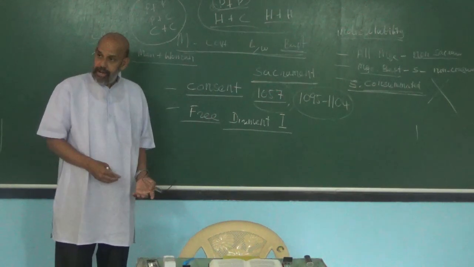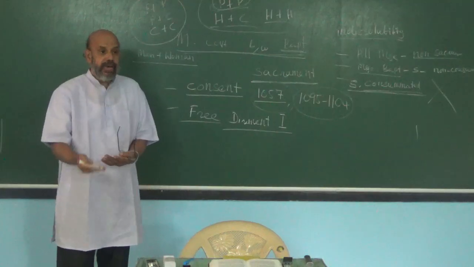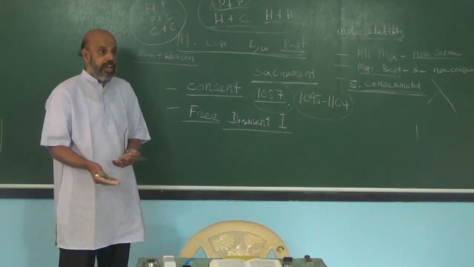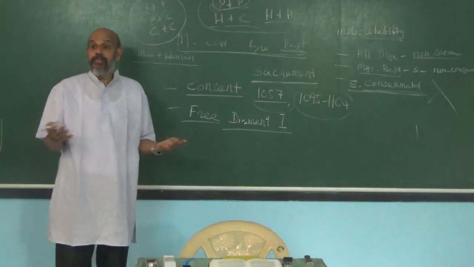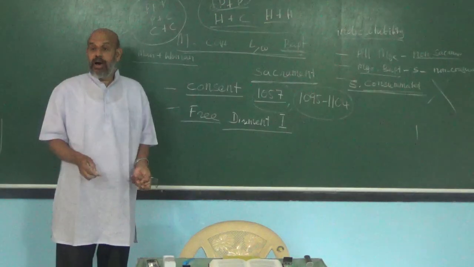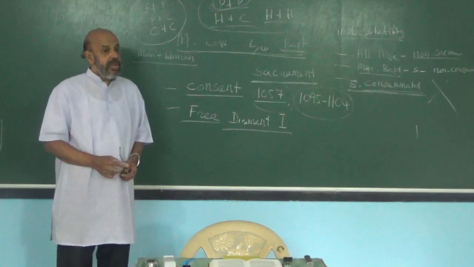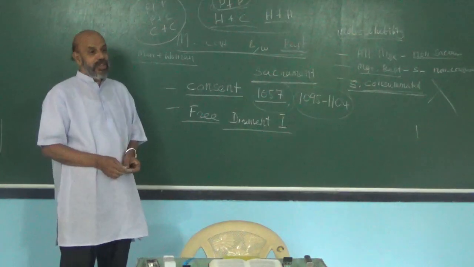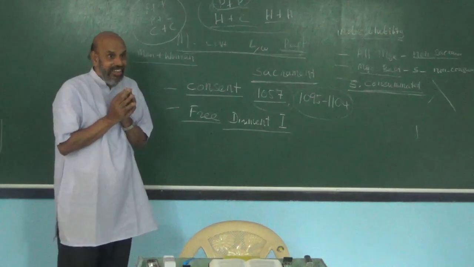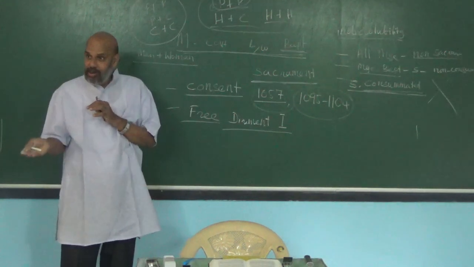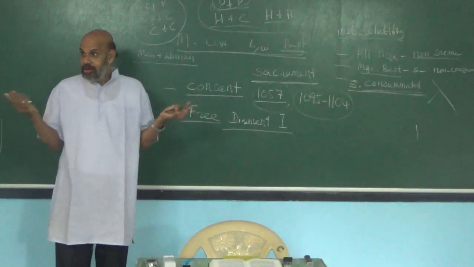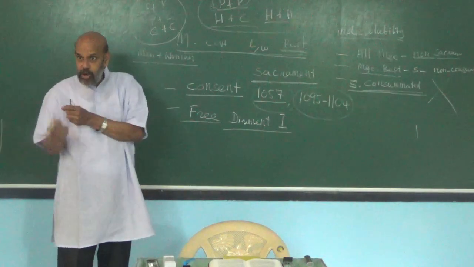There are some impediments which can be dispensed by the higher authority. Some impediments cannot be dispensed because they are divine law. For example, somebody wants to marry the elder sister and the younger sister. Please give me a dispensation. No, divine law is unity. You cannot have one more wife.